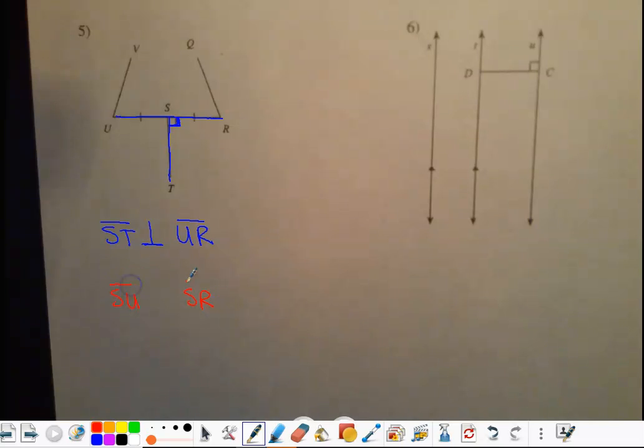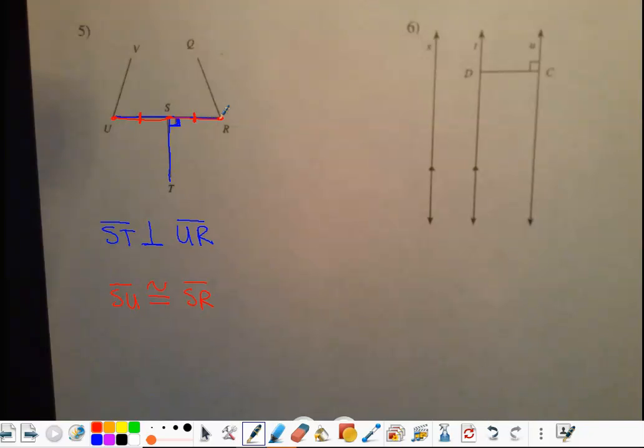So yes, segment SU is congruent to segment SR. And you could name them differently. You could say SU and RS, RS and US. But because they had those little tick marks in between there, that let us know that from here to here is equal to the other one. All right.